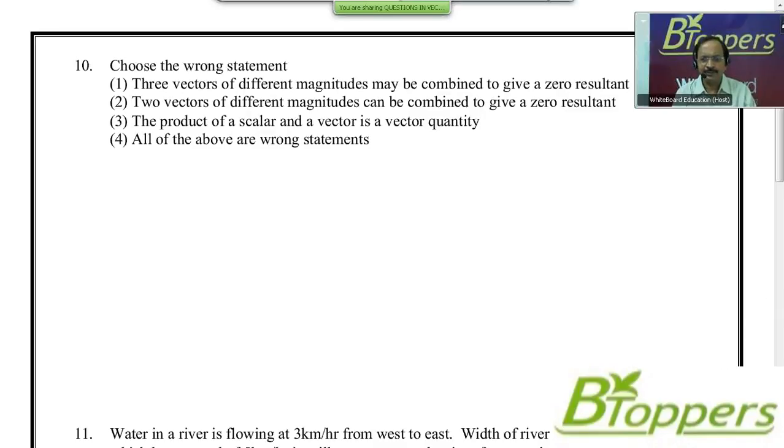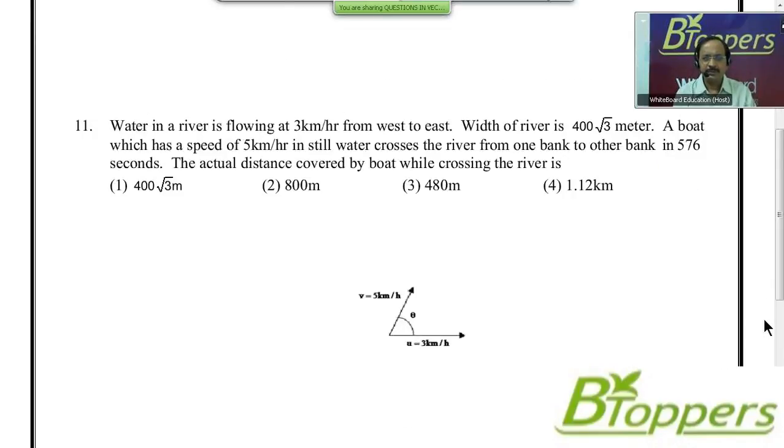Question number 11. Look at question number 11. Water in a river is flowing at 3 km per hour from west to east. Width of the river is 400 root 3 meters.